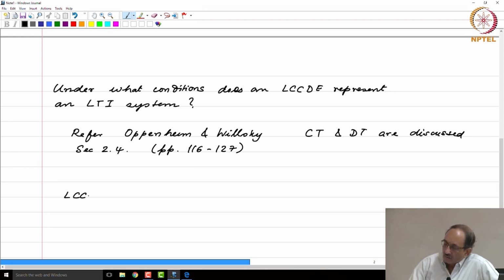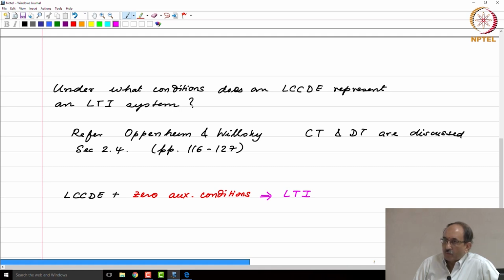So, LCCDE plus 0 auxiliary conditions implies LTI.